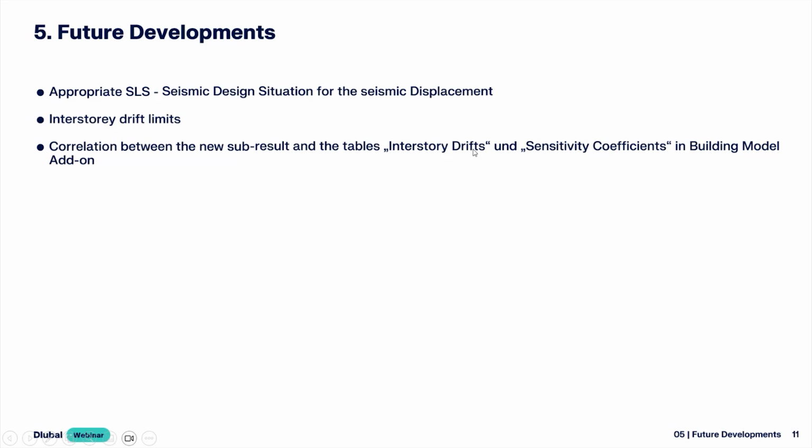The story drift is clear, as we saw, but the sensitivity coefficients are a quite particular topic. We want to make an adjustment between the sub-result and the sensitivity coefficient according to the node. So this might change for each standard, as we saw in the example in the previous slide with the standard from the United States.